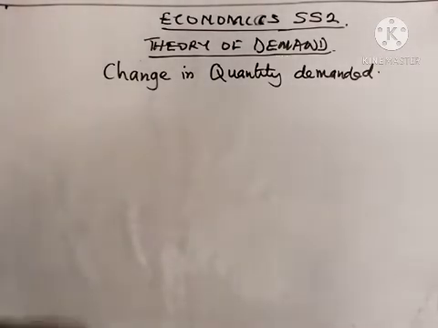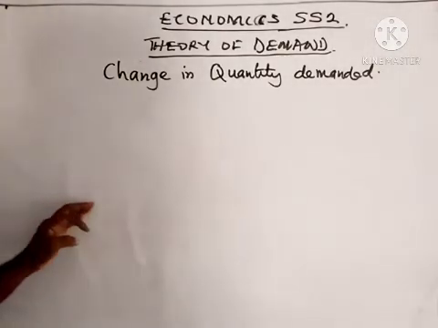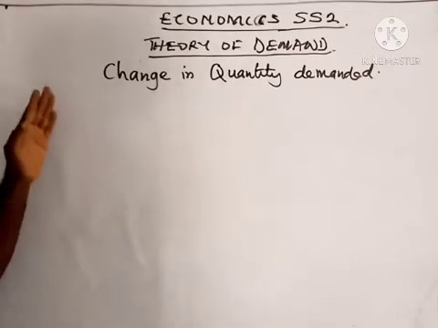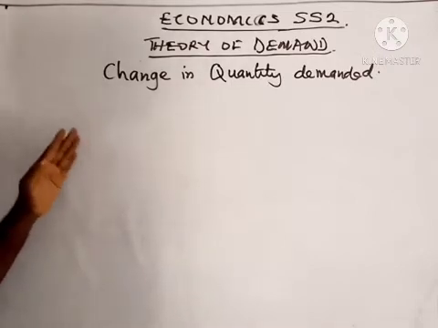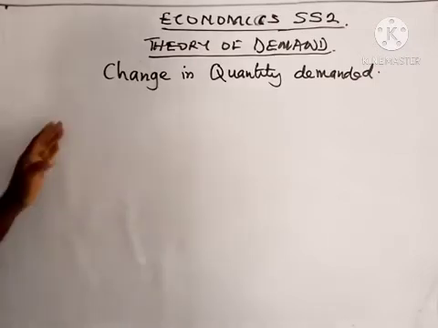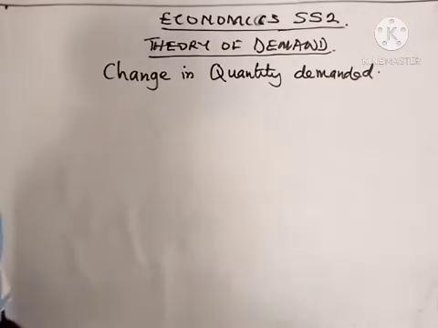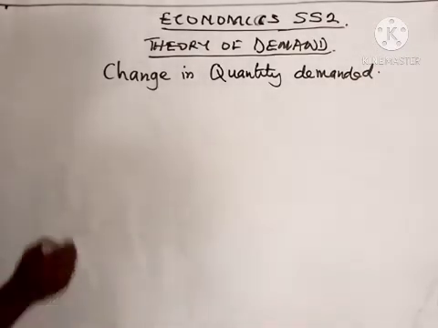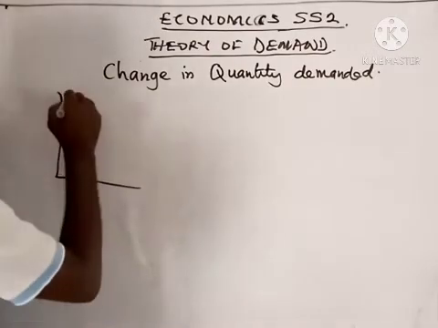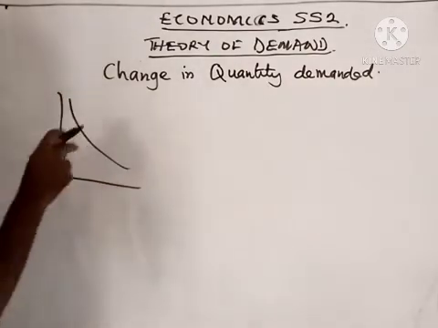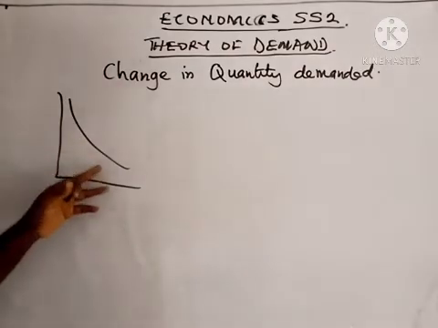And when you are talking of change in quantity demanded, it implies that there is a change at every point of a demand curve. We have told ourselves that there is a demand curve, and on the demand curve, we have various points.